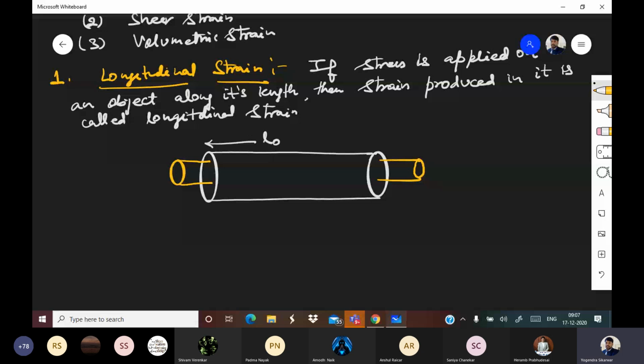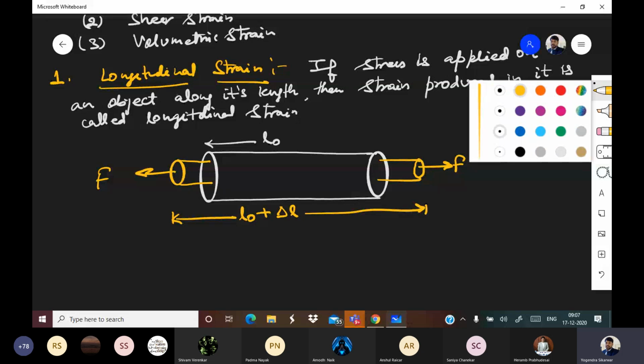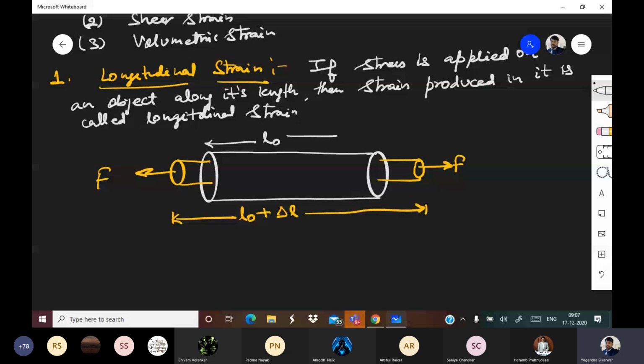So this is F, this is F. Now the length has become L naught plus delta L. So length has increased by delta L.